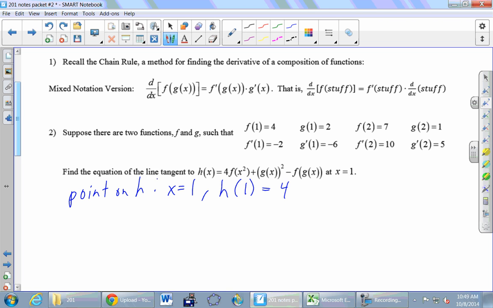So it goes 4 times f of 1 squared plus g of 1, the whole thing is squared, minus f of g of 1, right? Just change all those x's to 1s.